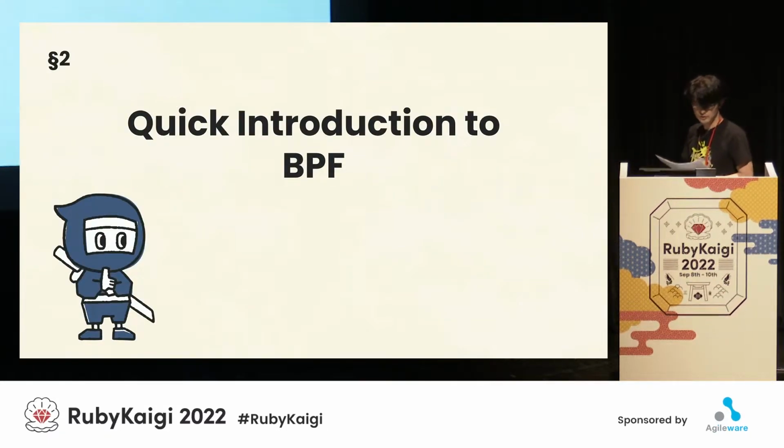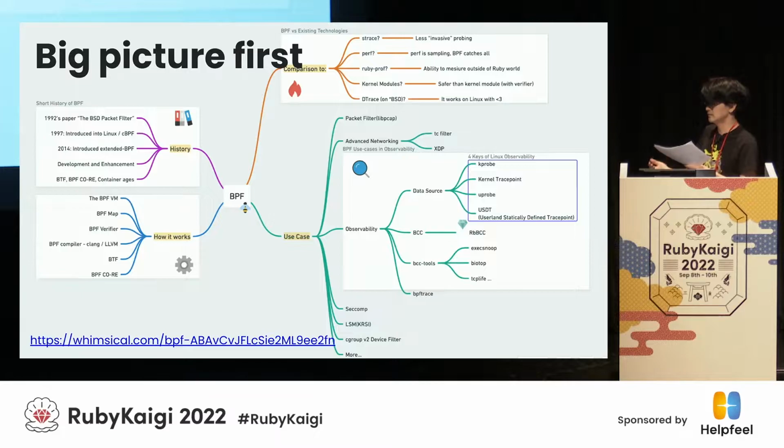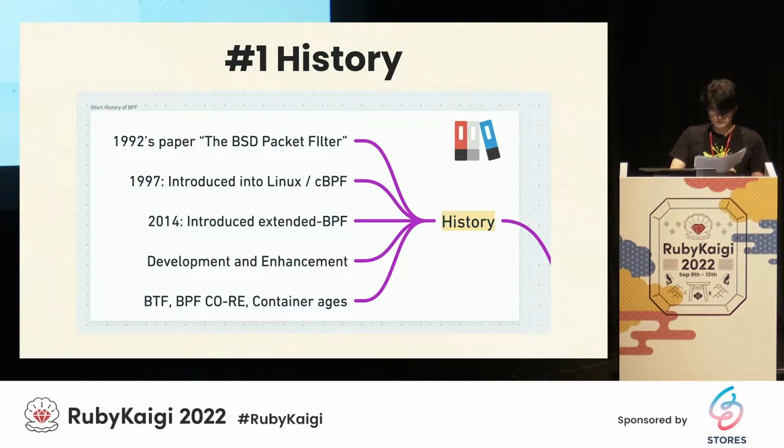Now, I'm going to give a quick introduction to BPF. But you know BPF is somewhat complicated. Therefore, I have prepared an overall diagram, so please look at it in detail later. But I'm going to describe the short version of the information about BPF. So the first theme is history.